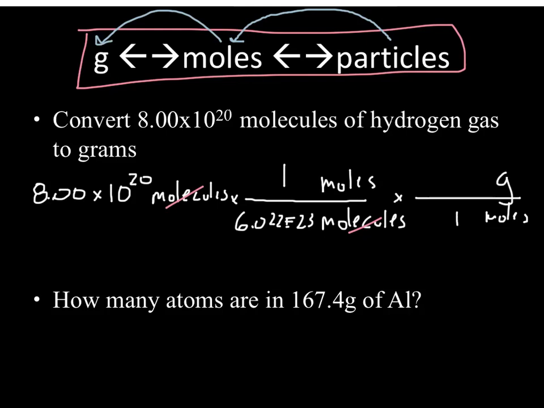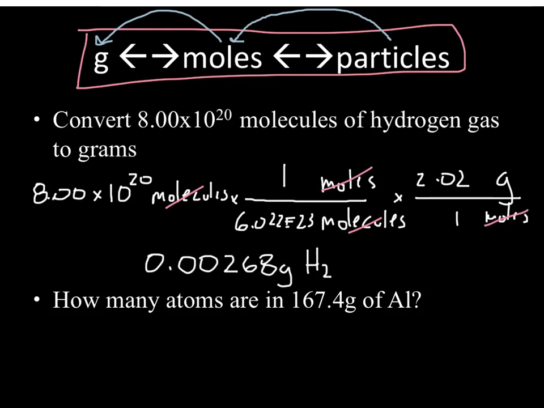And 1 mole for hydrogen would be 2.02 grams. And moles cancels out moles. Now we're left with grams. Now we are ready to solve. Even though 8 times 10 to the 20th is a very large number of molecules, hydrogen weighs very little. So that many molecules would only weigh 0.00268 grams of H2.